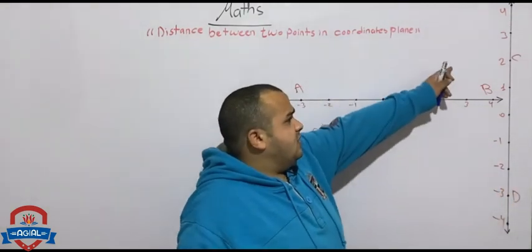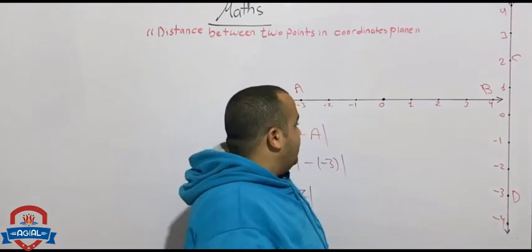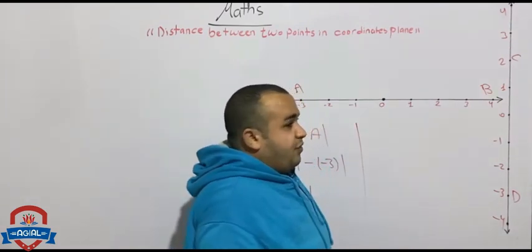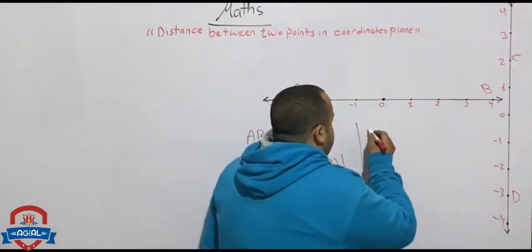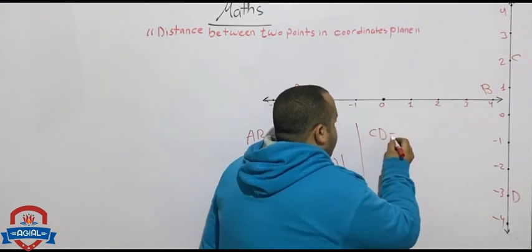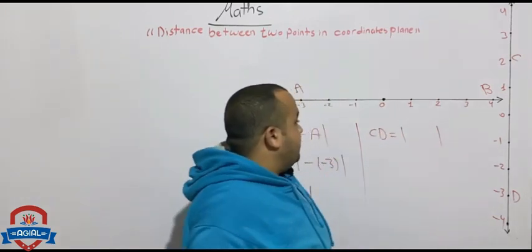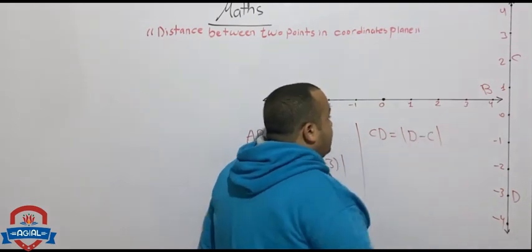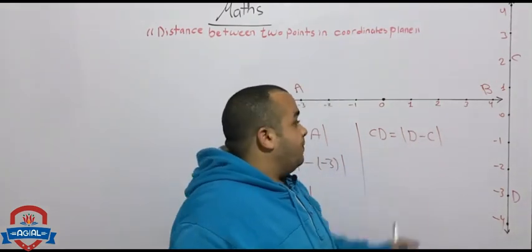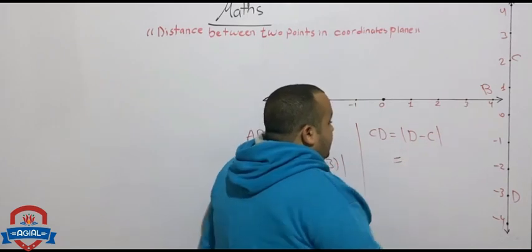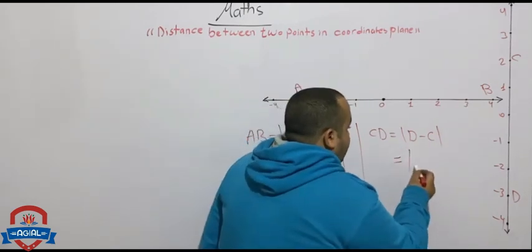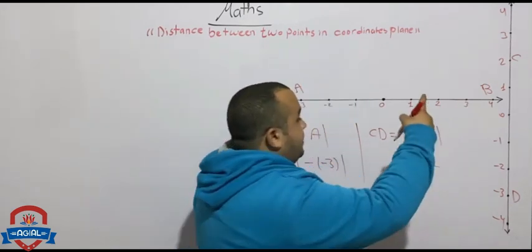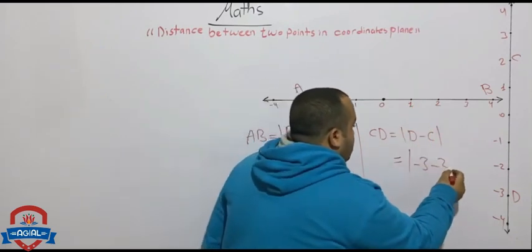To find the distance between C and D, we have to find the length of line segment CD. The length of line segment CD equals D minus C inside the absolute value. D equals negative 3 and C equals 2.